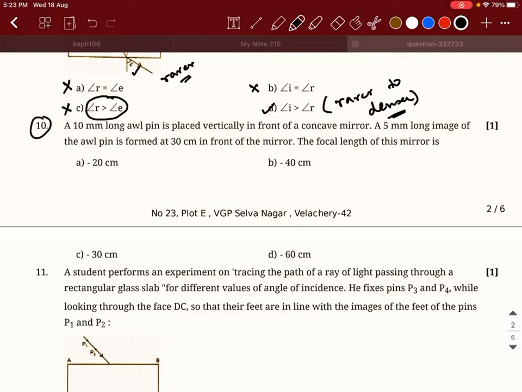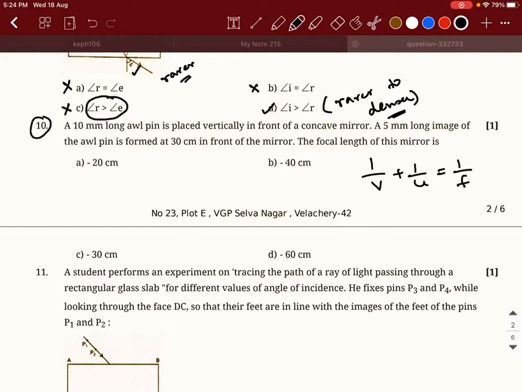So it's a mirror. What does the mirror formula tell us? 1 by V plus 1 by U is equal to 1 by F. So minus 20.